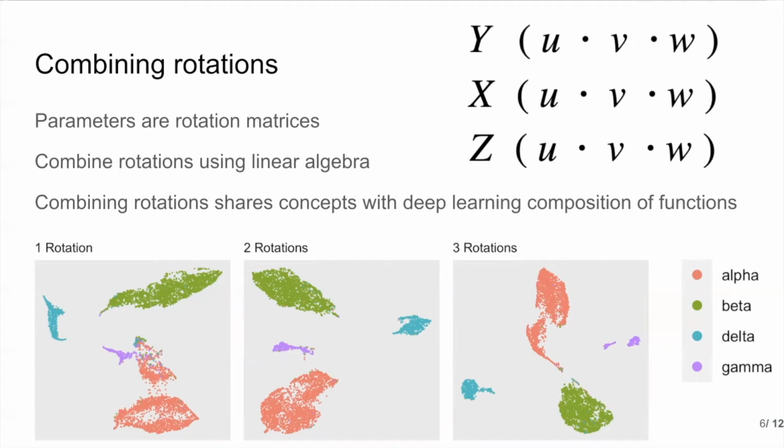So in this case, u and v correspond to y and x respectively, and w corresponds to z. So once you learn those 3 set of rotation parameters, you can then combine them using linear operations such as a dot product, and then combine those rotations to get a super rotation that allows you to transform those data sets into the same dimensional space.